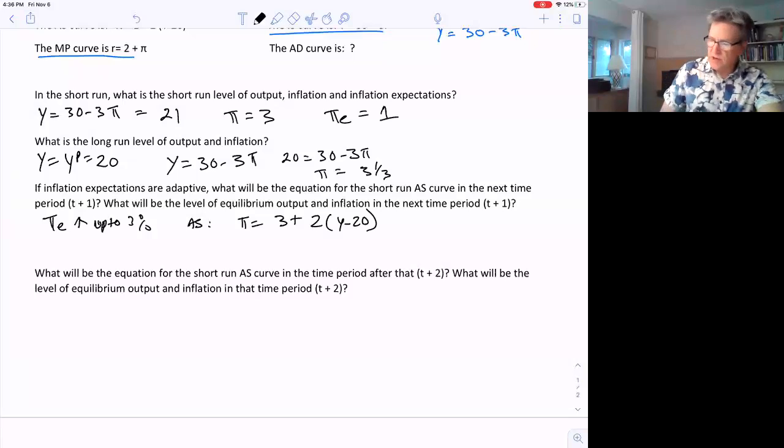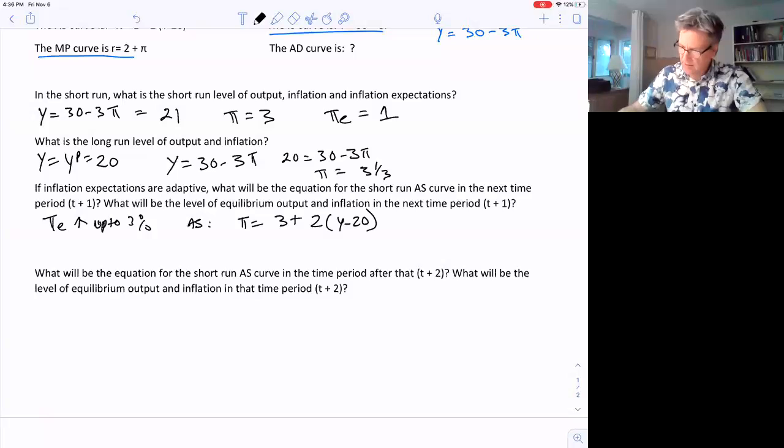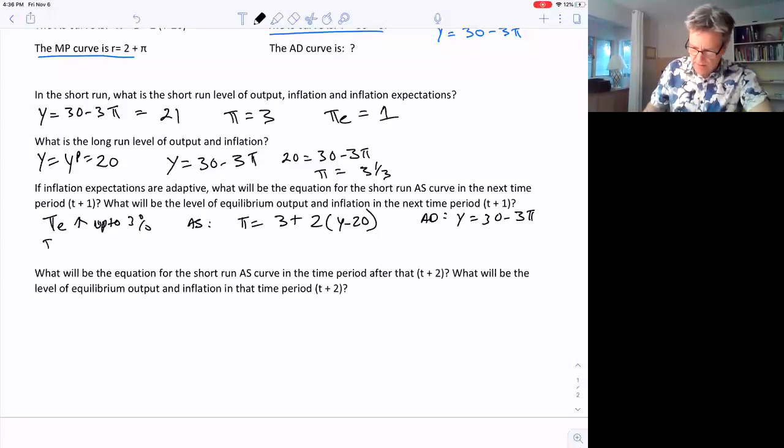So to figure out the new level of equilibrium output and inflation, we need the aggregate demand curve, which is y equals 30 minus 3 pi, and solve for inflation and output. I get pi equals 3 plus 2 times (30 minus 3 pi minus 20). Pi equals 3 plus 2 times (10 minus 3 pi).